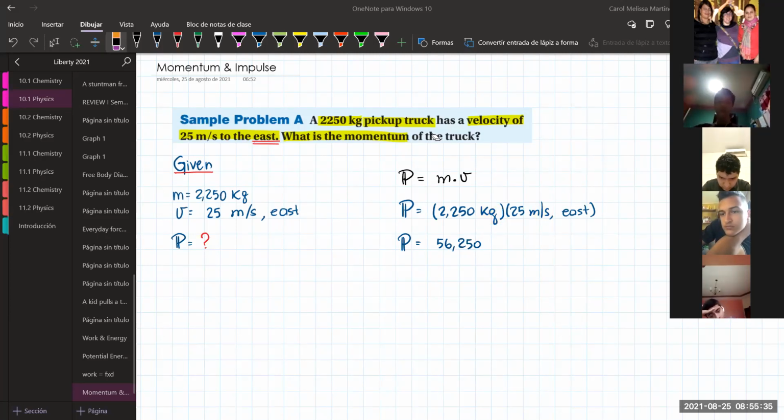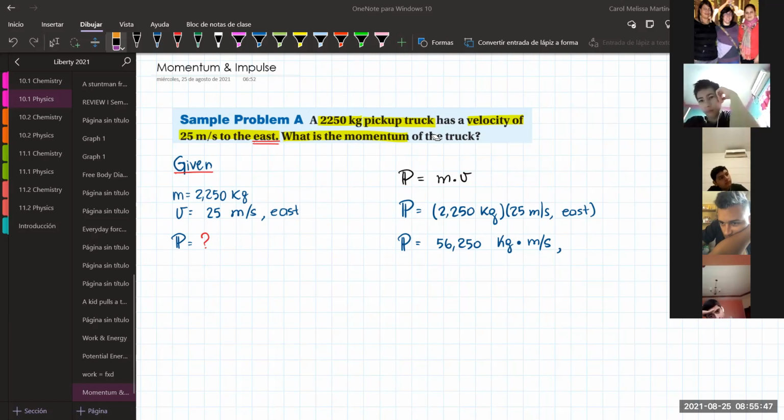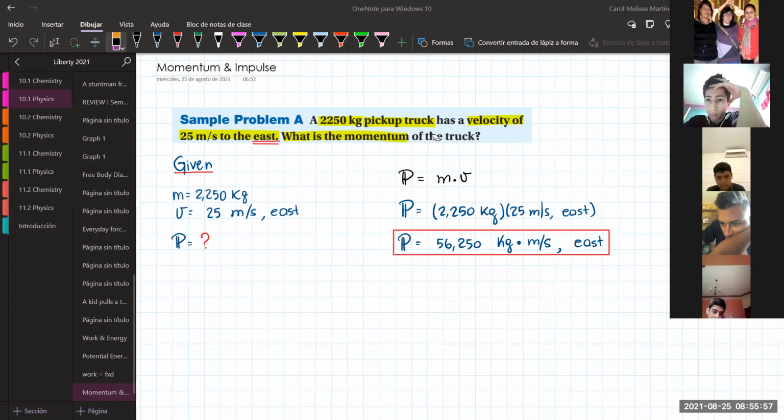So the unit will be kilogram times meters per second. And because it is a vector quantity, I need to write the direction. The direction is east. That's it. Just like that. That's simple.